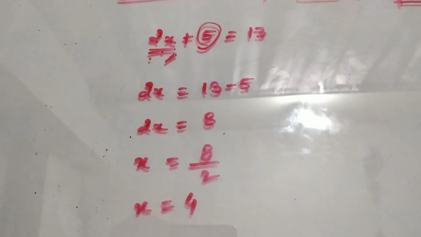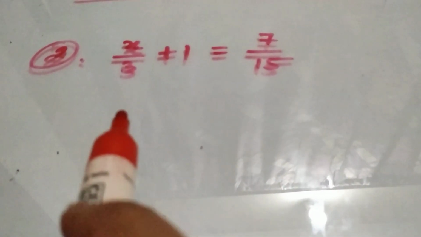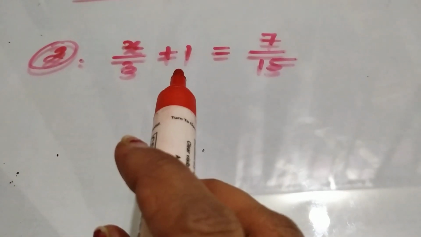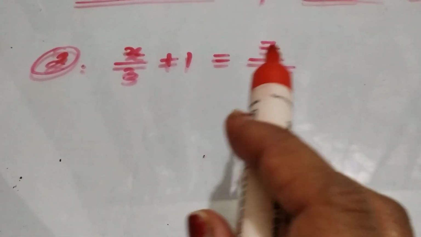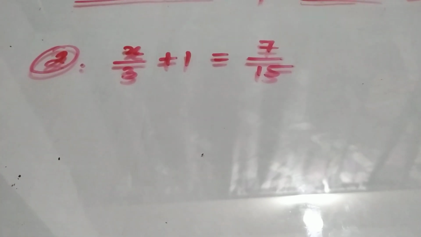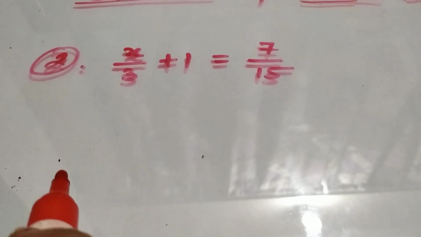Now we are taking another example. x by 3 plus 1 equals 7 by 50. So first we identify which is the best friend of x and which is the friend of x.